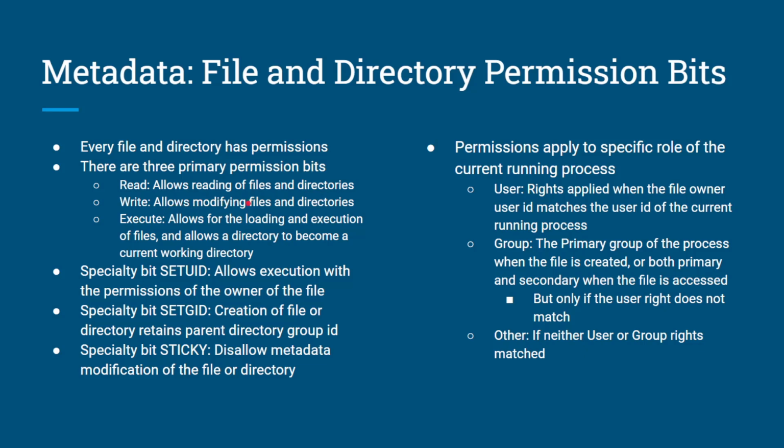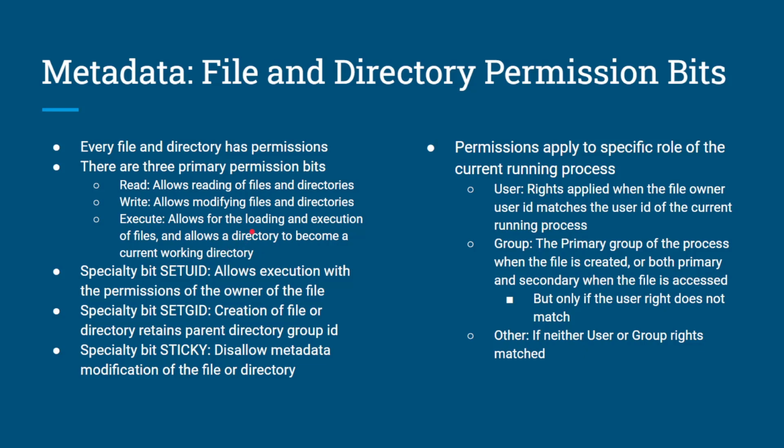Write means we can modify files and we can add directory entries to a directory. But execute has a little bit different meaning. For the execute bit on files, it means that we can load and execute that particular file. But for directories, it just simply means it allows a directory to become a current working directory, meaning we can change into that directory as necessary.